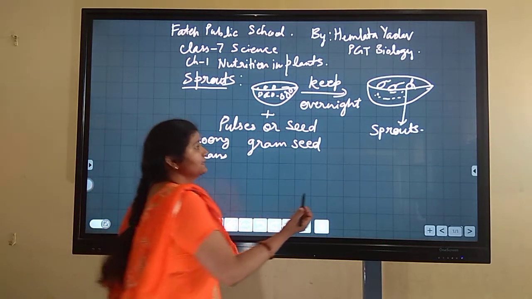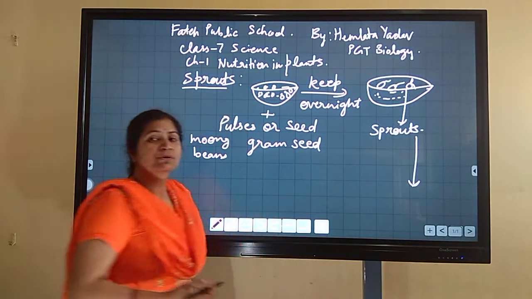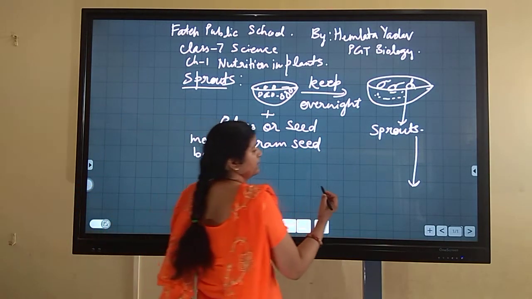So this can also be converted into a baby plant. How can you do that?